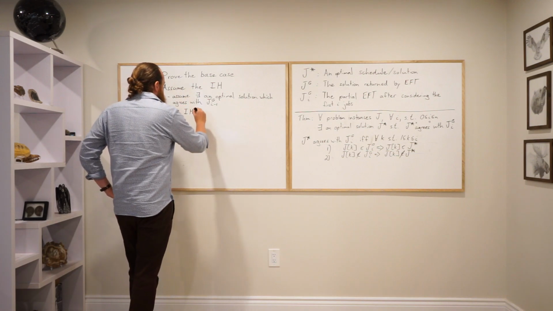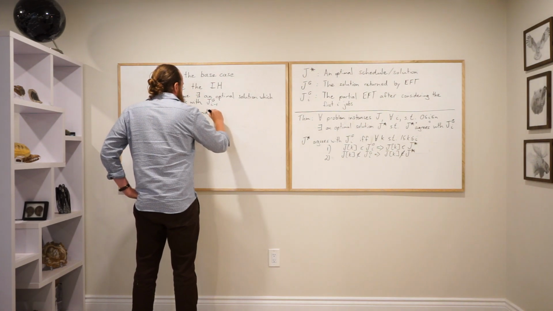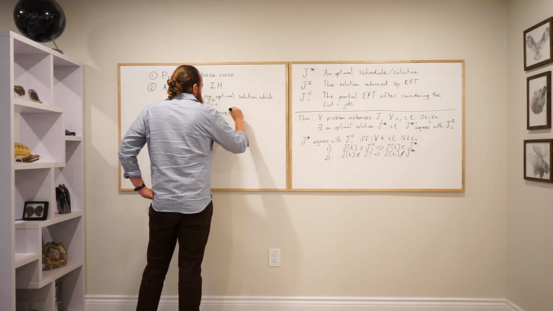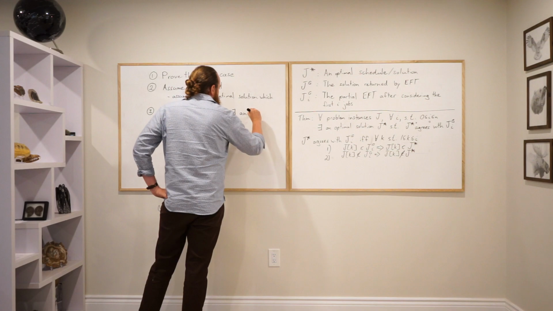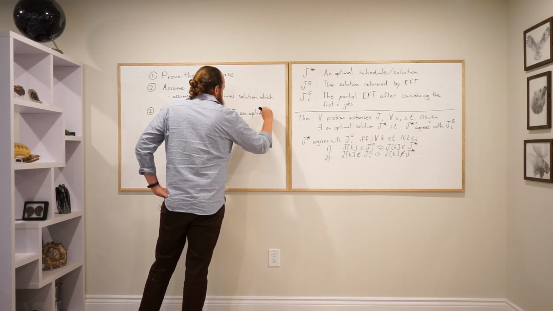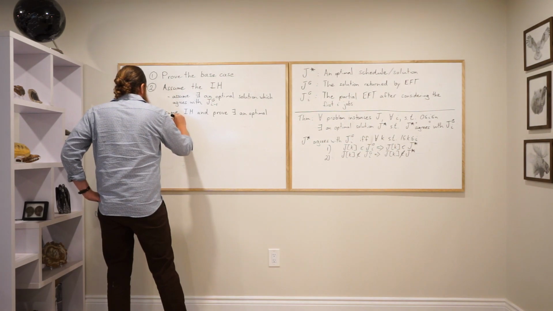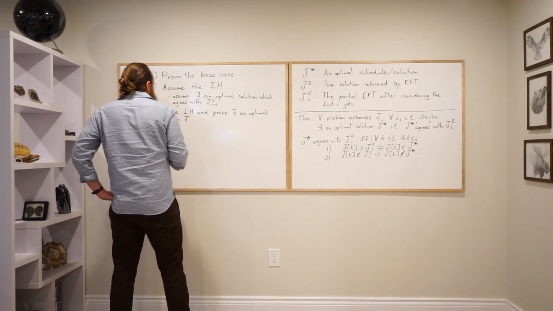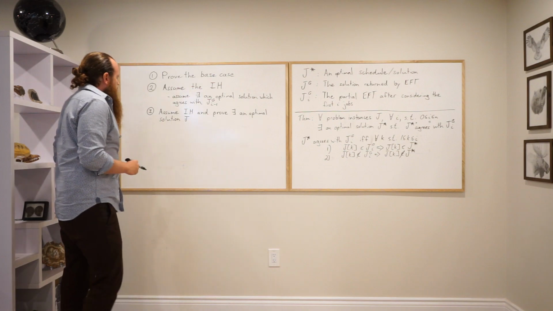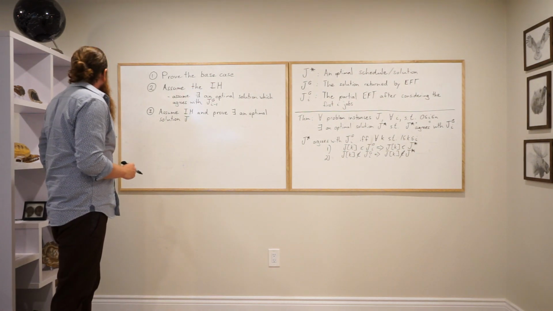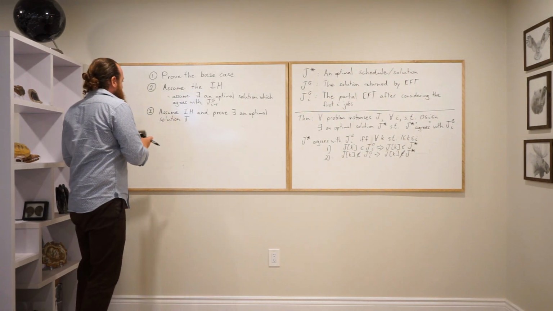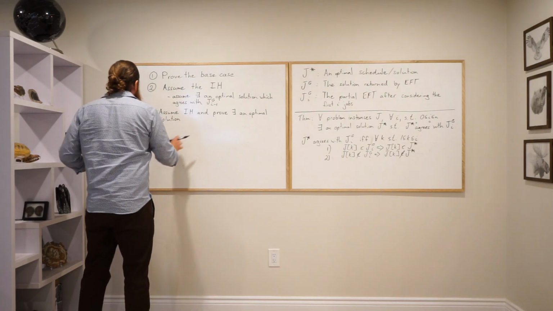But the third step is, we assume the inductive hypothesis and prove there exists an optimal solution. Now, I didn't even write J star here, so I'm just gonna leave that off.